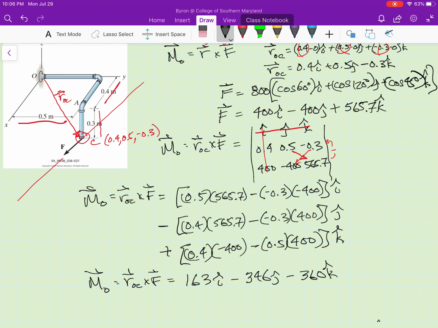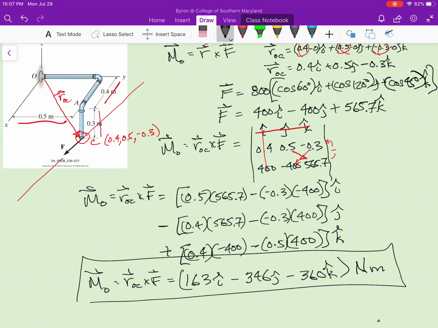Now they ask for the answer in Cartesian form, which is what this is, and don't forget the units. We were working in newtons and meters, so this moment is in Newton meters. That's the final answer.